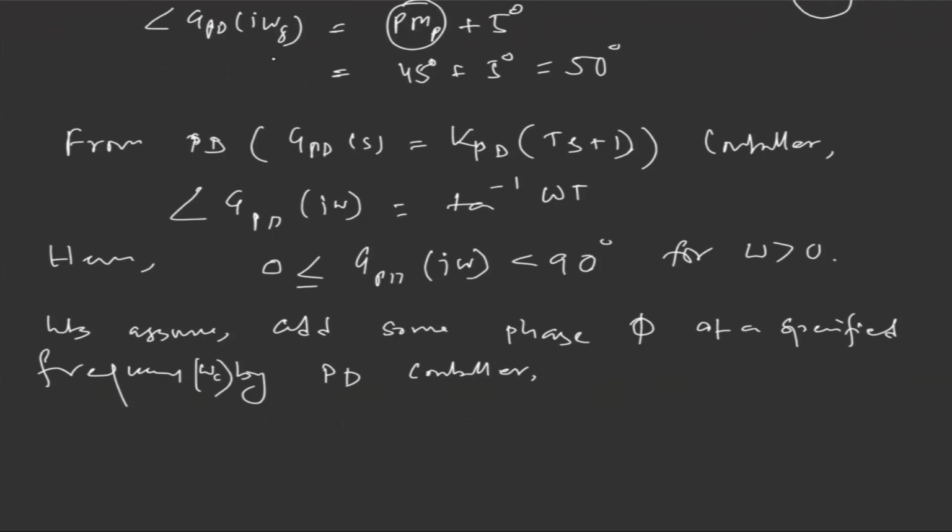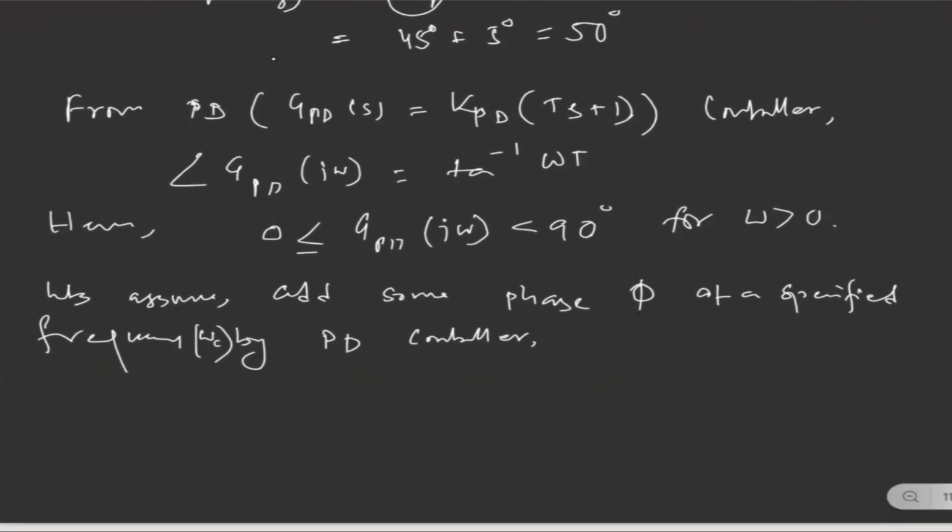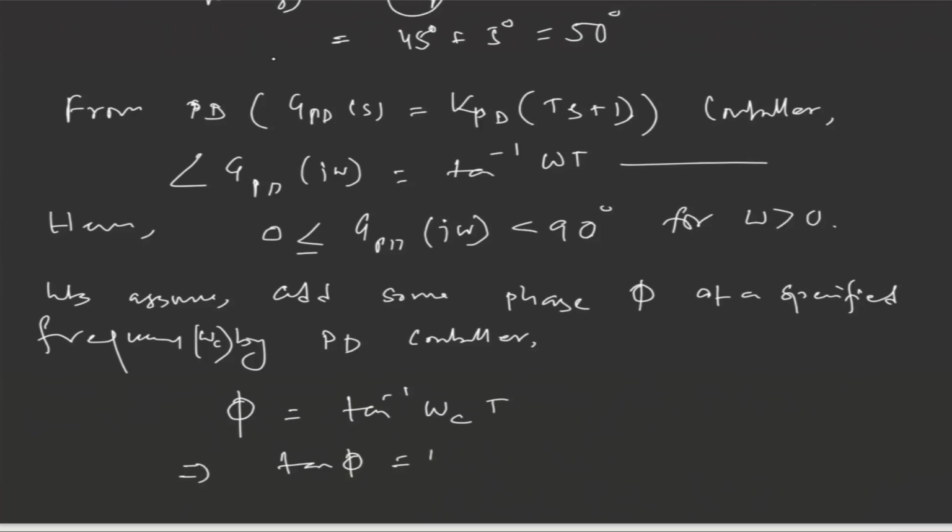So from this equation, phi, the total phase given by the PD controller, equals tan inverse of omega c times T. From this expression, tan phi equals omega c T, or T equals tan phi divided by omega c.